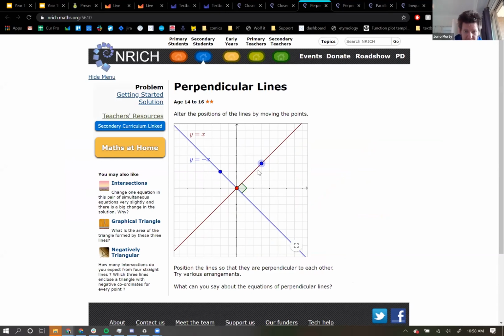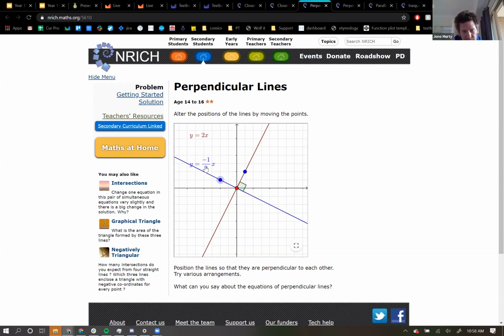You can see the right angles formed. If I take this to say y equals 2x, it's not perpendicular, but if I flatten that to become minus a half x, once again, we've got a perpendicular line. Take this up again, y equals 4x. We want to take this to y equals minus a quarter x. Again, I have my right angle.